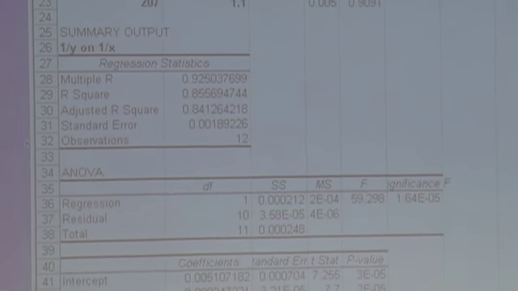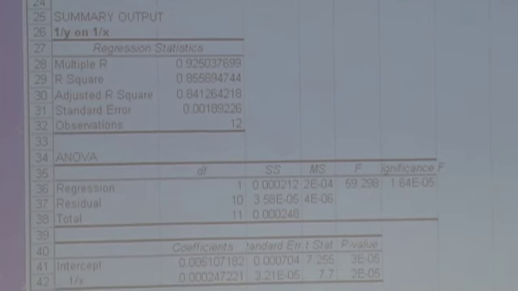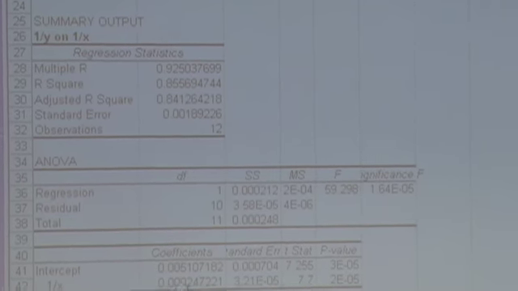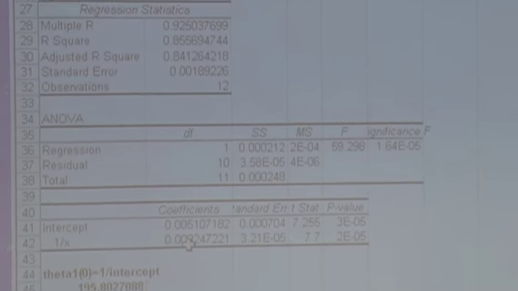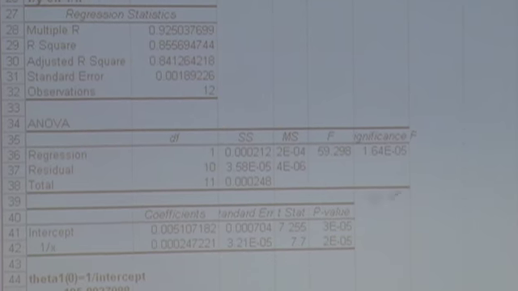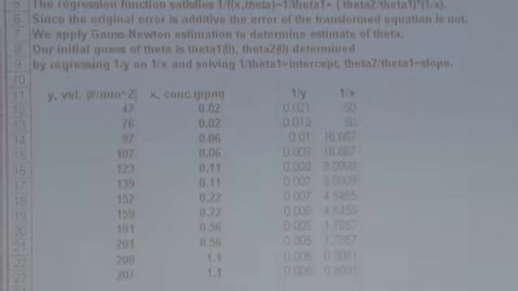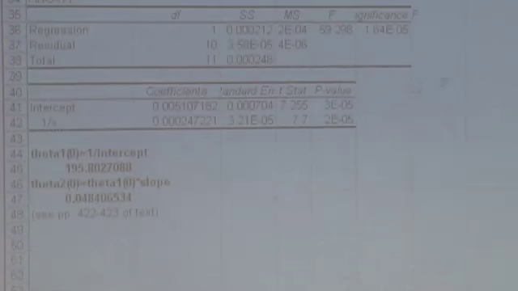So theta 1 is about 200. And for theta 2 over theta 1, I can't remember which way it goes, I get 0.000025, which gives me 0.048 when I undo it.